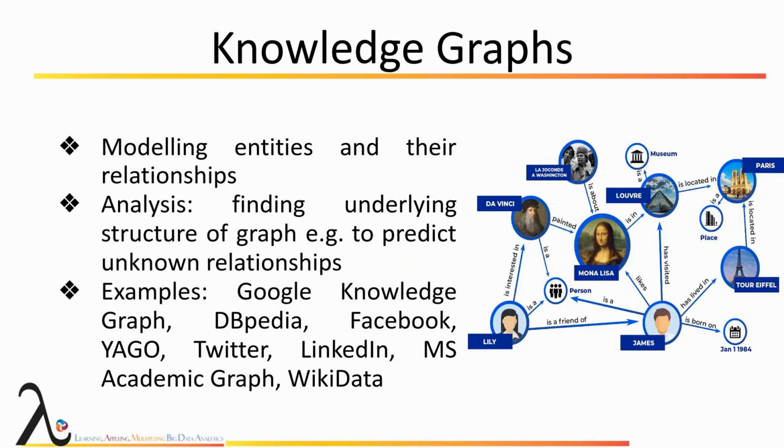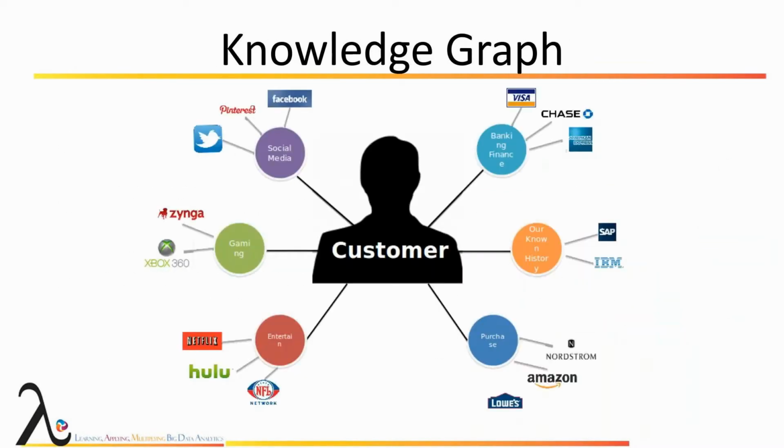An analysis of graphs could be finding the underlying structure of the graph or predicting unknown relationships. Examples of graphs are Google Knowledge Graph, Wikipedia, Facebook, and many others. And these are quite large scale, gigabyte, terabyte-sized knowledge graphs.